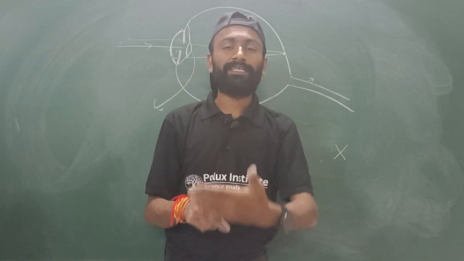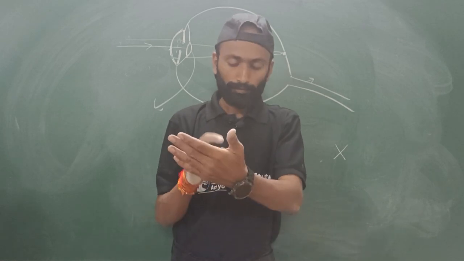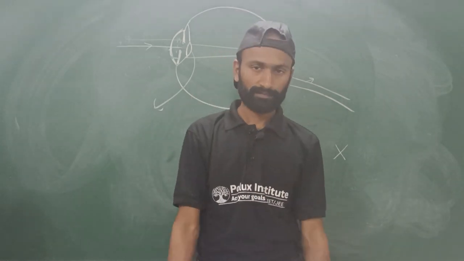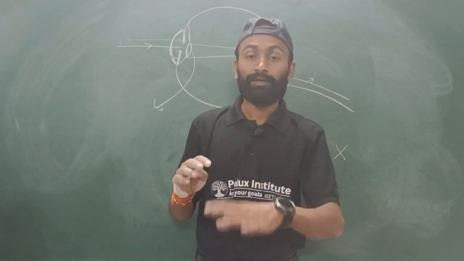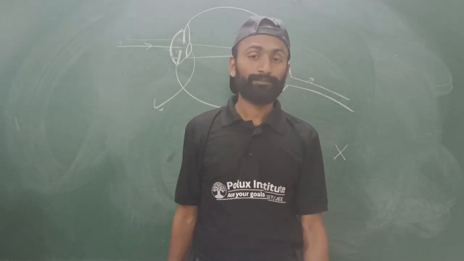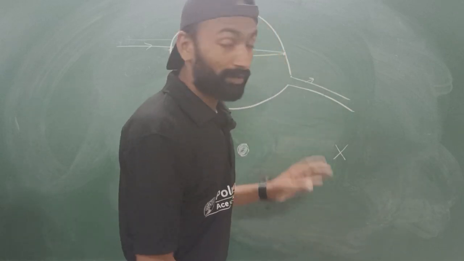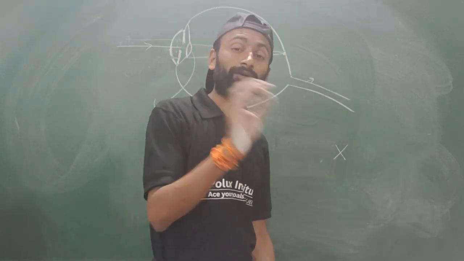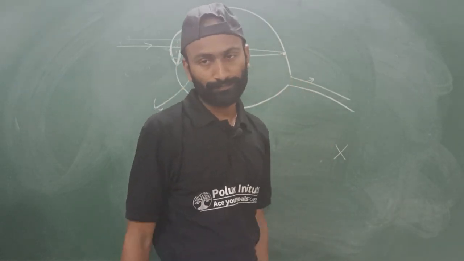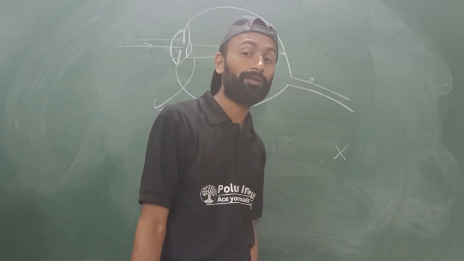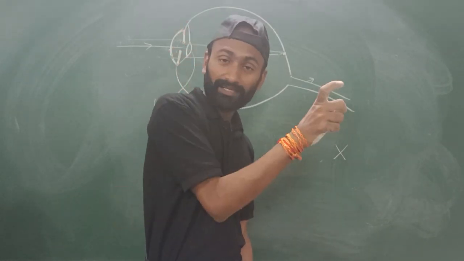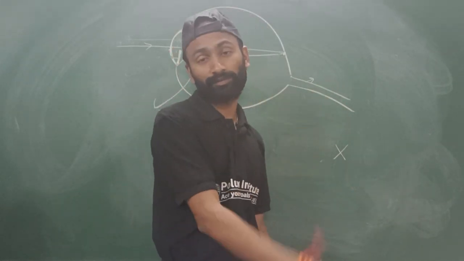Then you will see that at one time one object or photo disappears. You can also do this experiment by closing one eye. You will not be able to see one object because that image is forming at the dark spot.